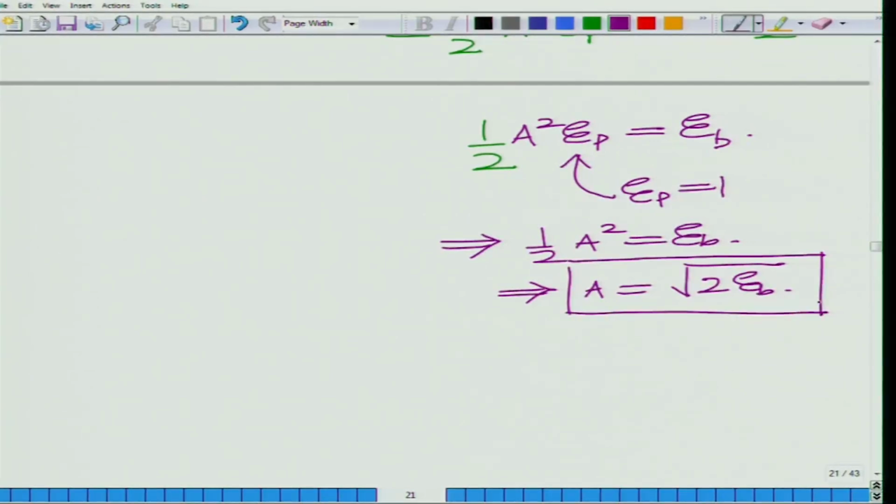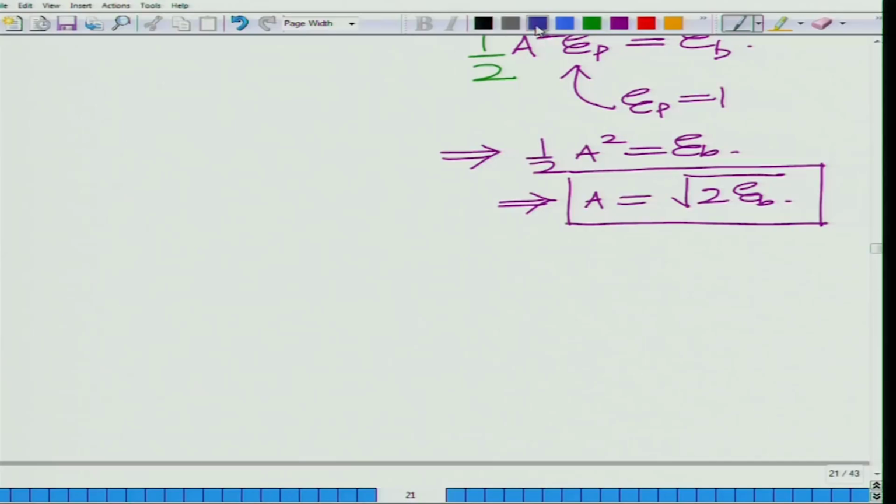And remember, this is important, we are doing this again to maintain a constant energy E_b per bit across schemes. For instance, we had an energy per bit of E_b in binary phase shift keying. We want to retain the same energy per bit E_b for amplitude shift keying also. So, that will enable us to make a fair comparison between amplitude shift keying and binary phase shift keying.